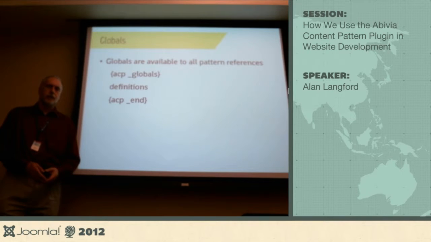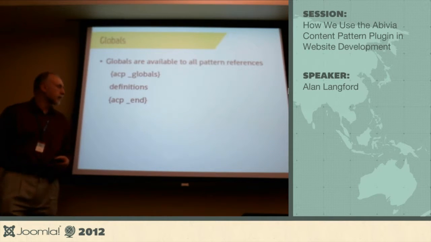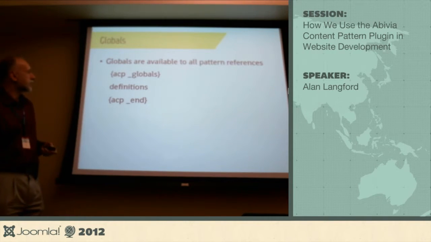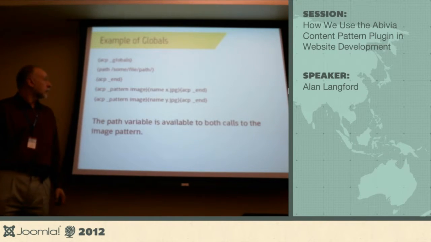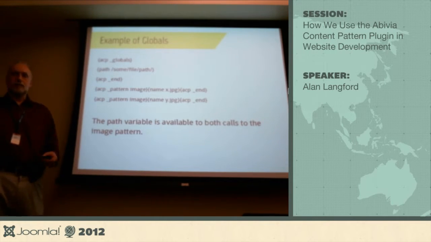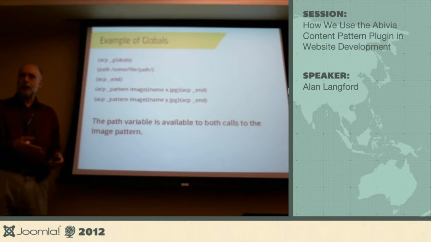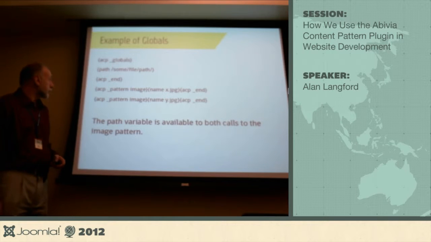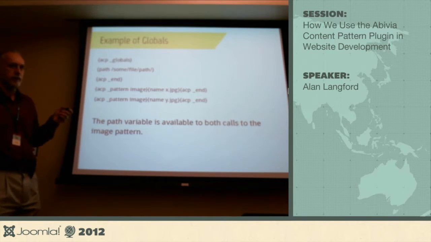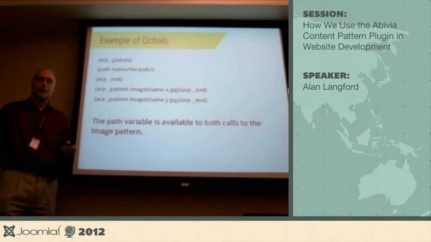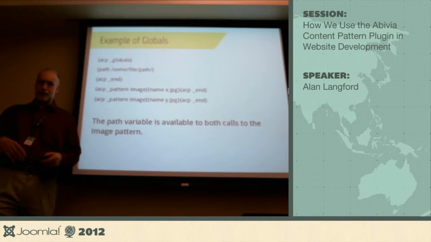The globals is just like a set of variable definitions that are accessible to all patterns inside an article. This is useful when you want to reference, say, a large number of images and you want them all in the same path. I actually use it to force users to put images in the right subdirectory so that you don't get content clutter when they go into Media Manager and create some other branch.